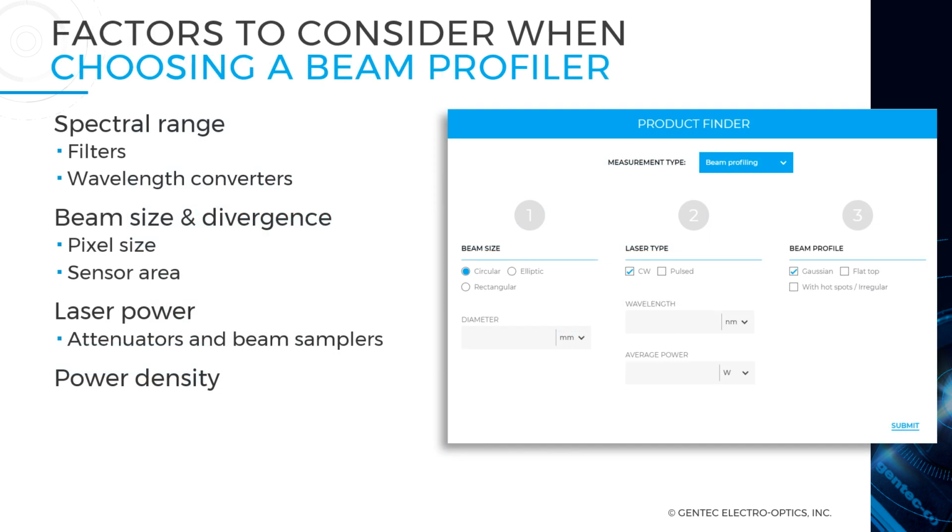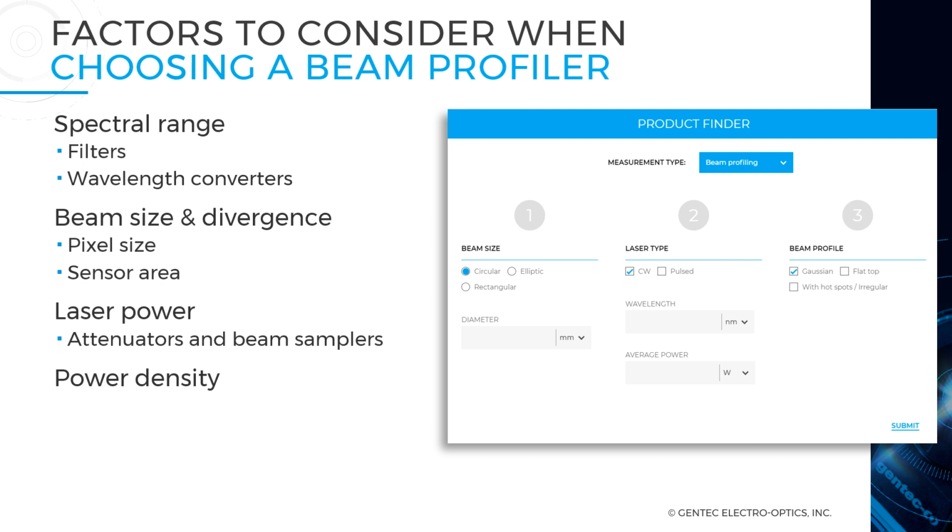Before you start any measurements, we need to make sure you have the right instrument. First, make sure your sensor is sensitive to your laser wavelength by checking on the spectral range it covers. You might need special filters or wavelength converters if you are outside the standard visible to near IR range. Then beam size.